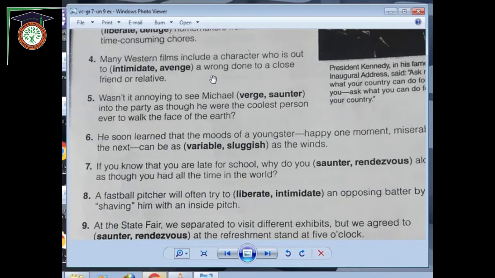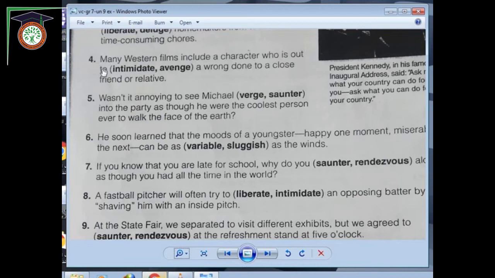Number 4, many Western films include a character who is out to intimidate or avenge a wrong done to a close friend or relative. Alright, what is this word? A wrong done, like a crime, like mischievous activity, like theft, like robbery, like harm, injury, whichever. So what does the character in a film do?